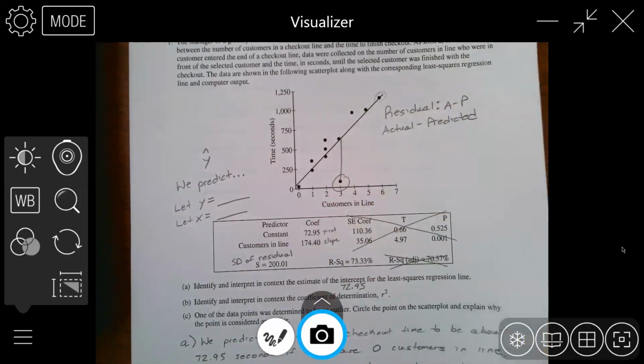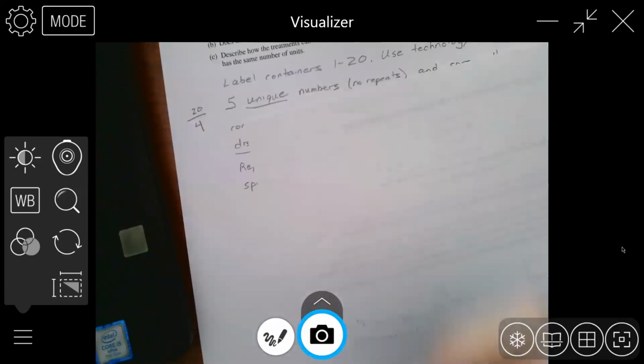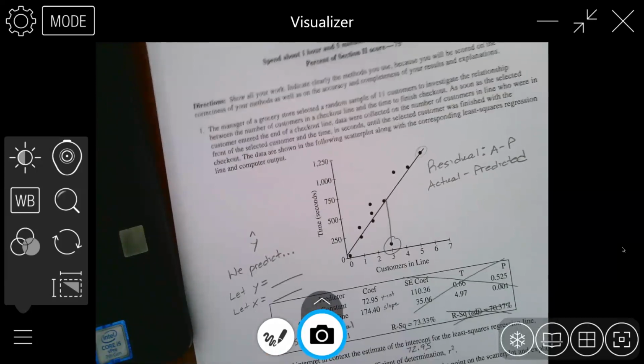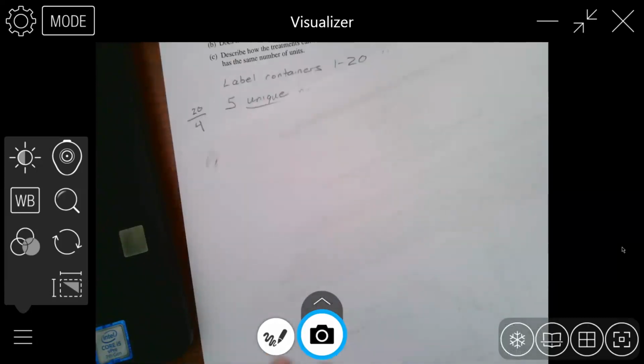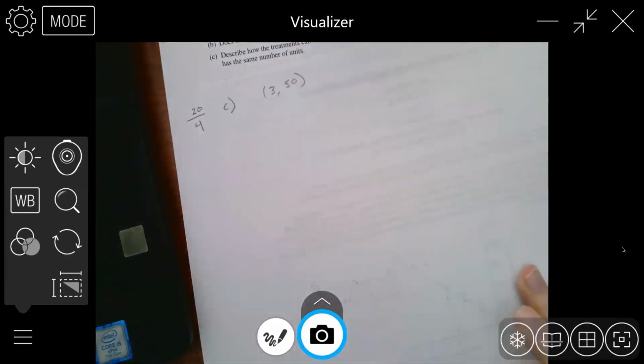So let me do this on the back here because I'm running out of room. So this will be for part C, okay? So what was that point? It was about 3 and then maybe 350-ish, okay? So I'll just put that down for reference here. That was our point, okay?